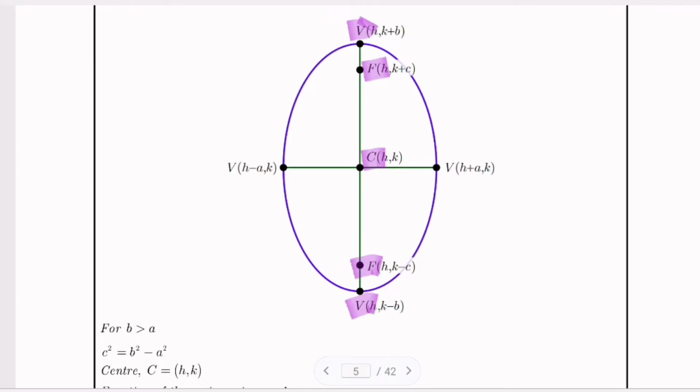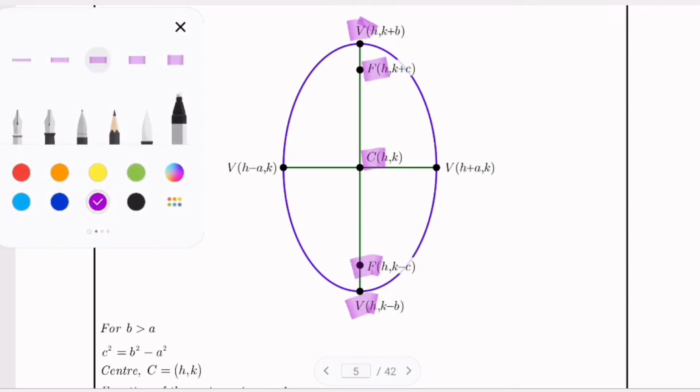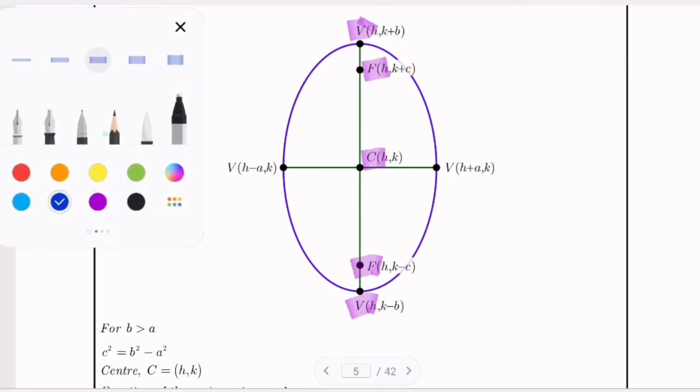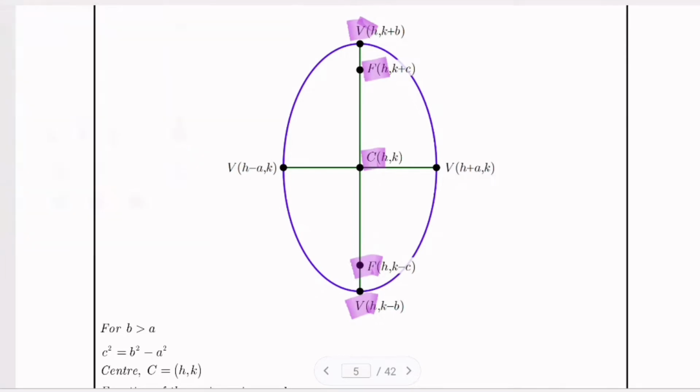So this is called vertex major. The vertex over here and over here is called vertex minor.